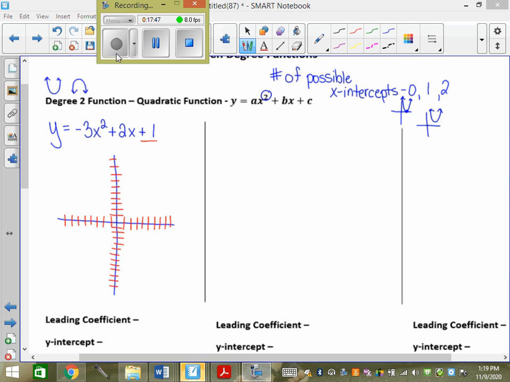So I know it has one at 0, 1 at the very least. Now, from all the rest of the graphs, we could just pull stuff off of them, right? But if we needed a max or min, even on a cubic, so on a degree 3, we had to find it using our calculator, right? Which was nice. They didn't make us figure it out any other way through calculus.